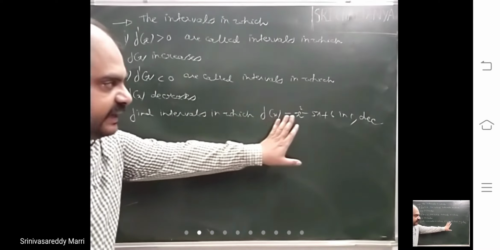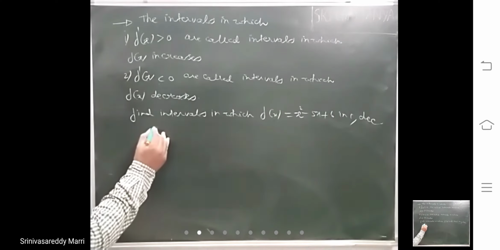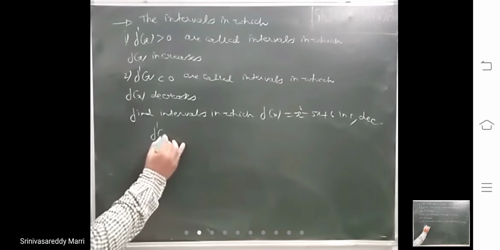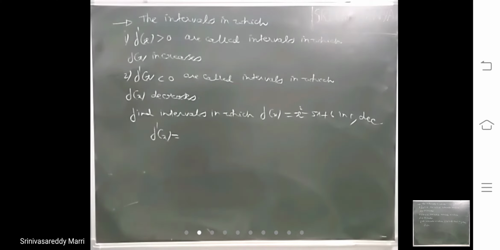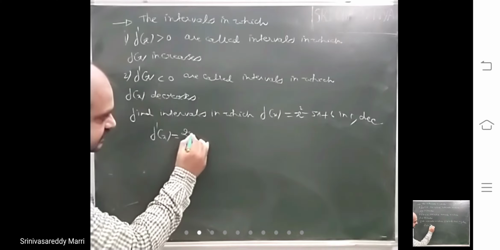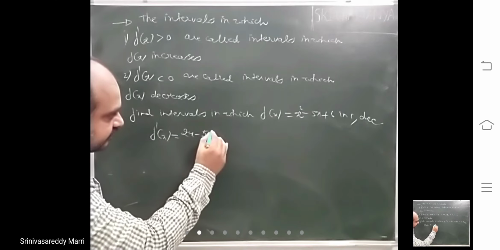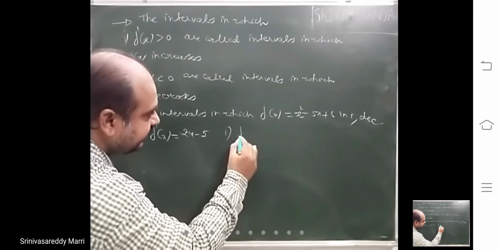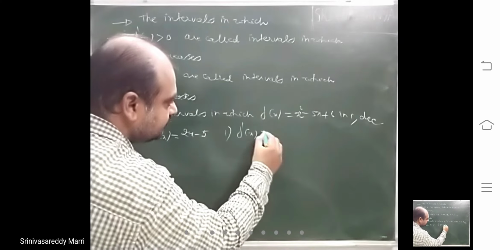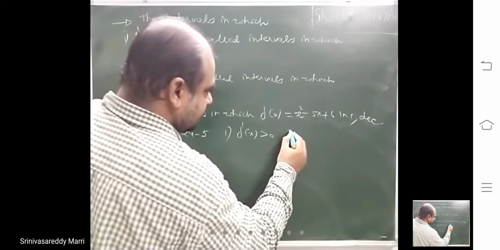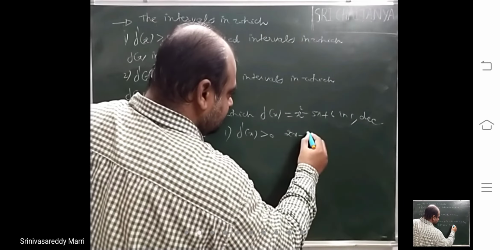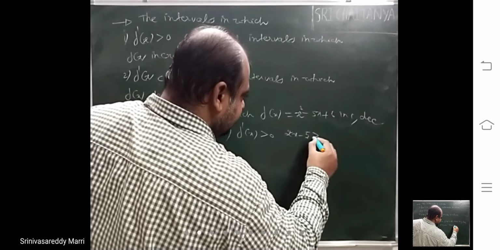So where it increases, where it decreases. You first find f dash x. F dash x is what? 2x minus 5. Number 1, f dash x greater than 0, that is 2x minus 5 greater than 0.